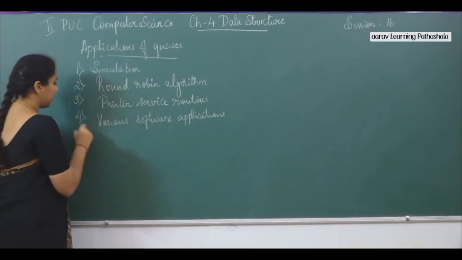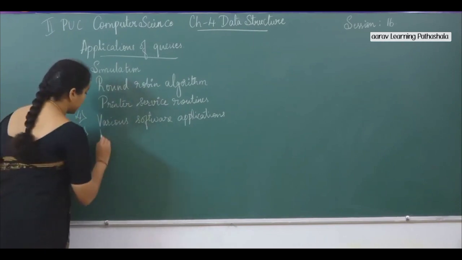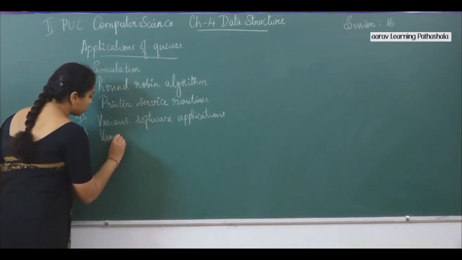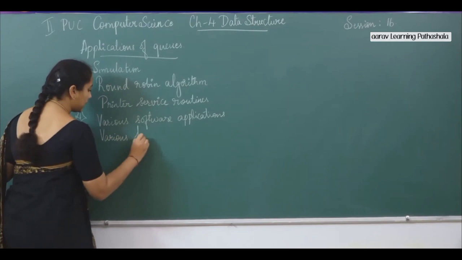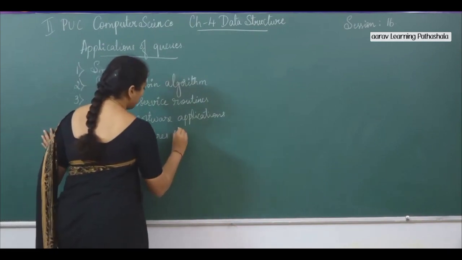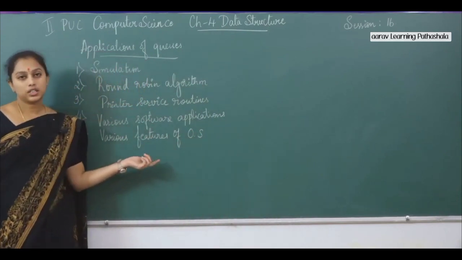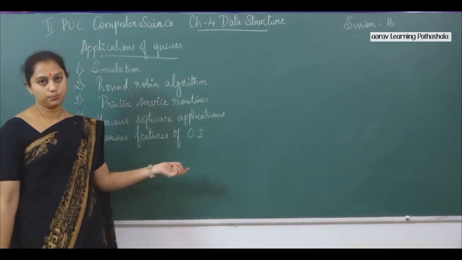And the fifth application is various features of the operating system. The operating system mainly works based on the concept called queue.